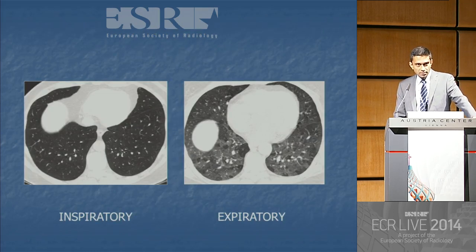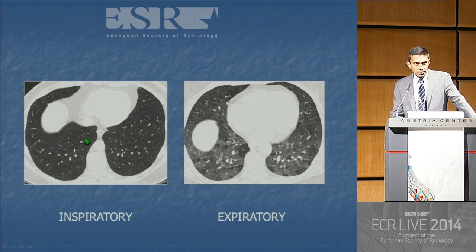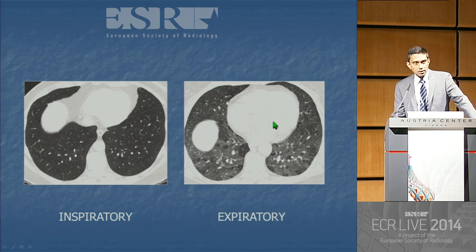So here is the first of those scenarios where I'm sure we would all consider the inspiratory scan as essentially normal, but on expiration we can see that a number of gas trapped lobules become conspicuous. Now, I'm going to come to the question of whether or not this is clinically significant a bit later on in the talk.